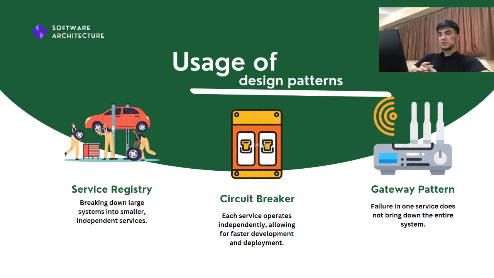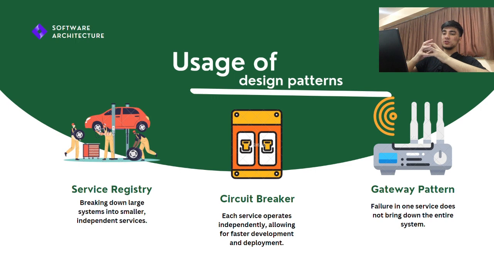So service registry, as I said, is like a digital directory where microservices register themselves. It makes it easy for other services to find and talk to them. It's implemented by setting up a central register where services put their info, like their names and where they can be reached. This helps keep communication between services smooth and flexible.